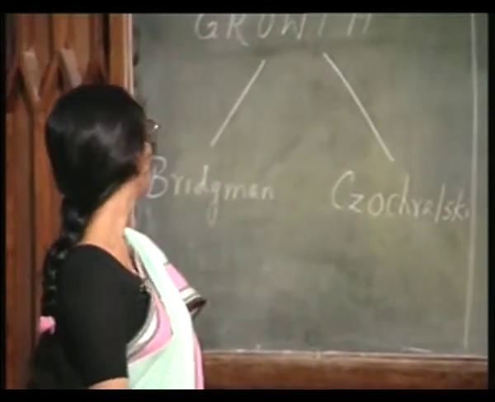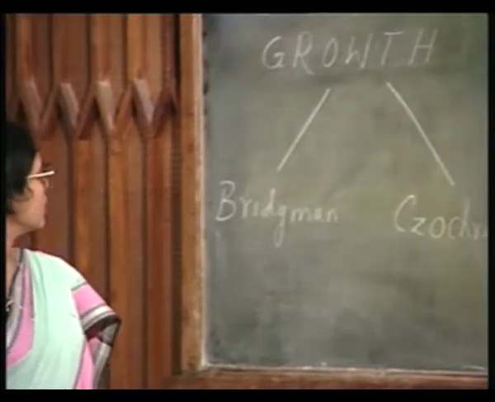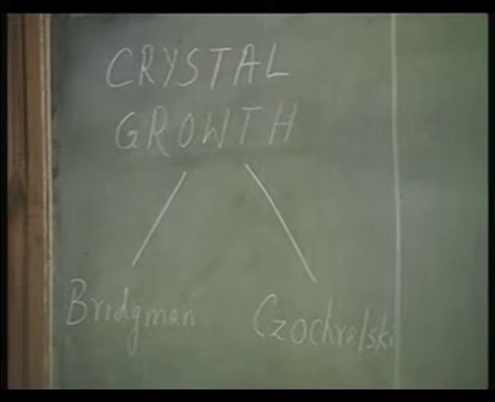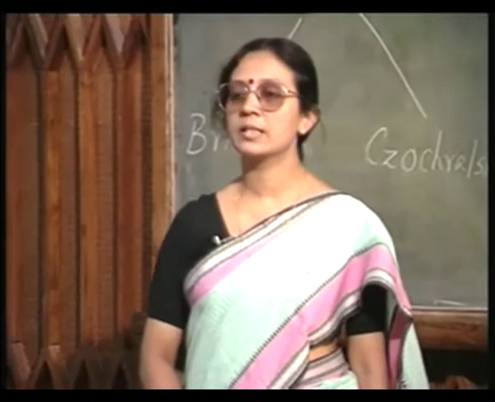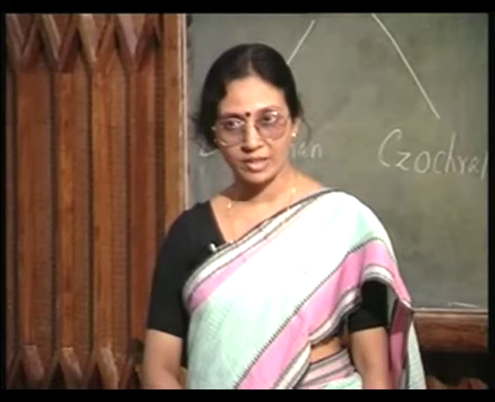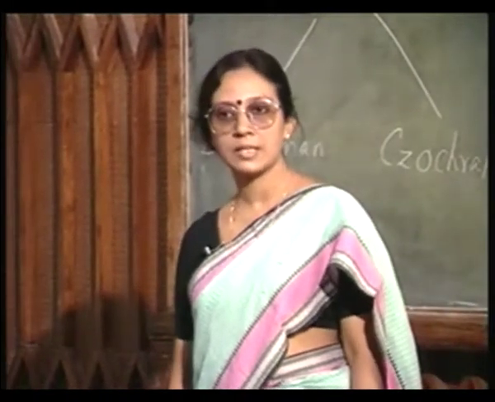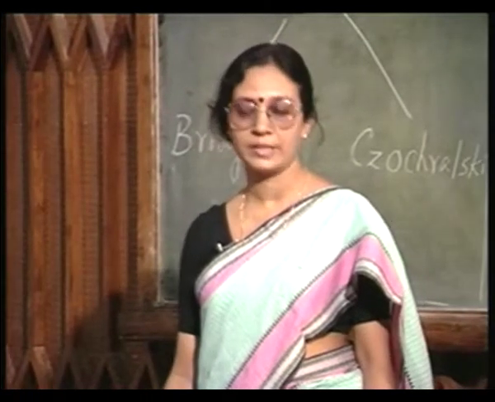And the crystal growth can be broadly classified as Bridgman technique and Czochralski technique. Let me at the onset tell you that most of the silicon that is grown today, that is available commercially today, are grown by Czochralski technique and sometimes further purified.